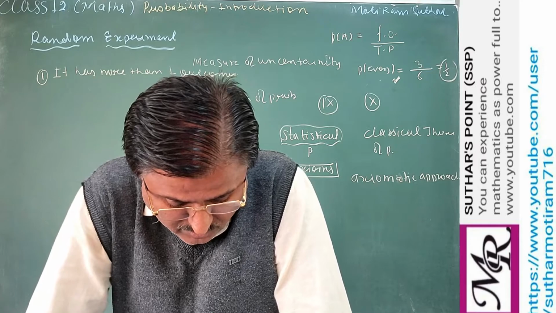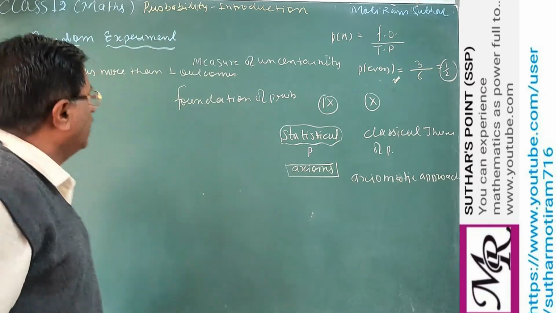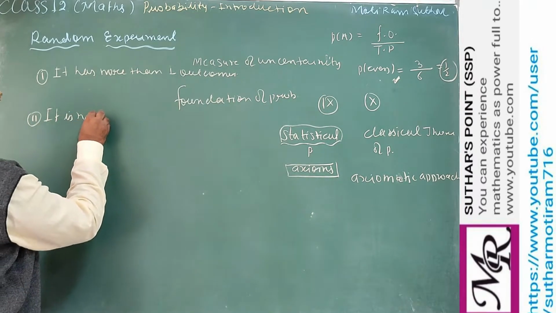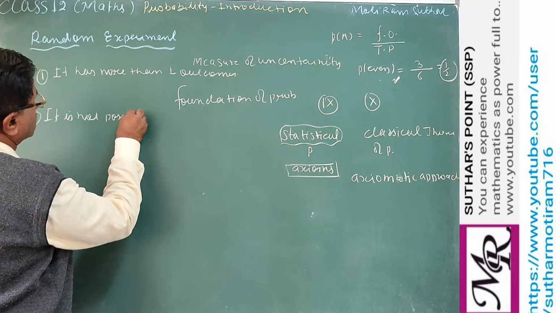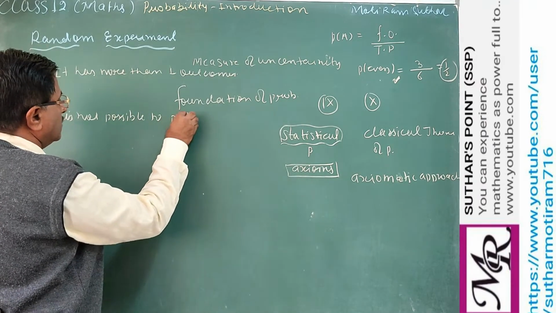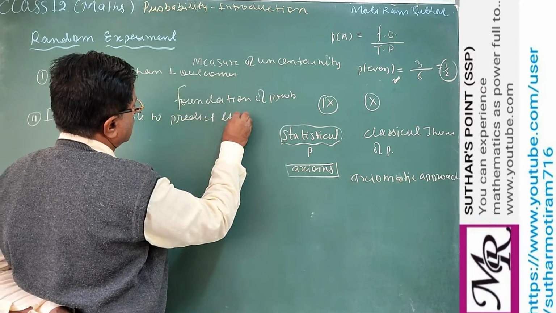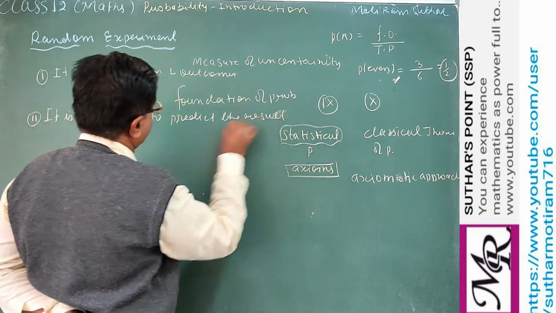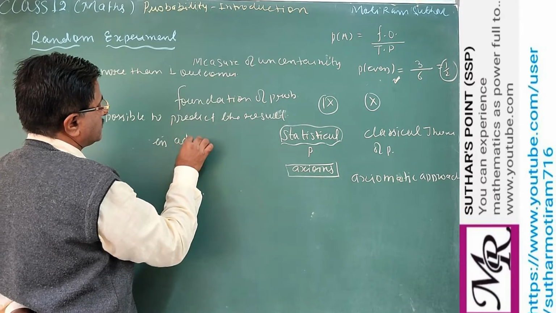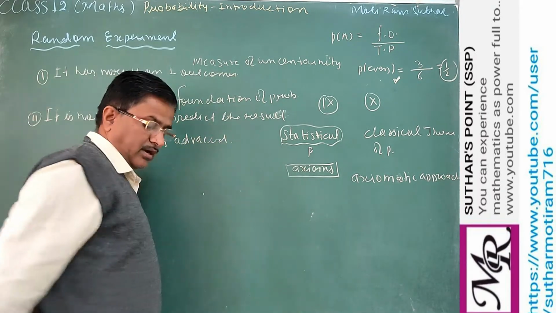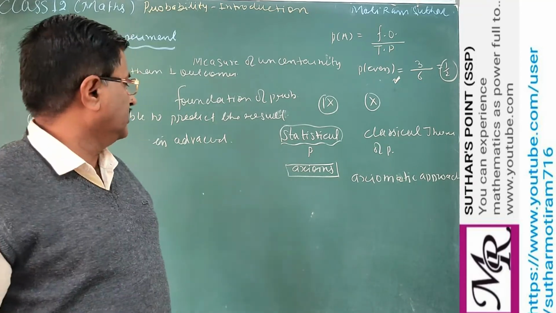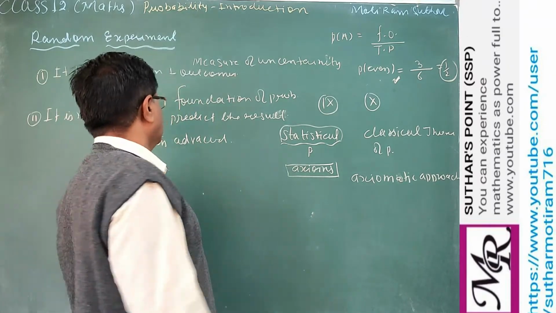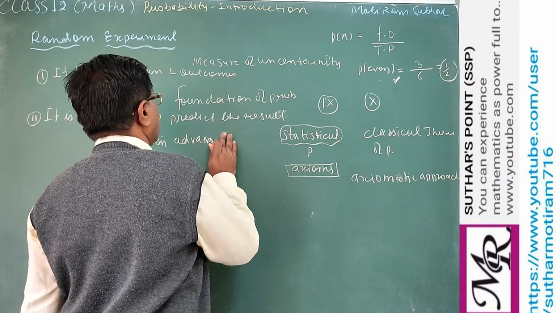Secondly, it is not possible to predict the result in advance. In advance, we cannot say that this result will be there. Clear? So these two conditions must be there.